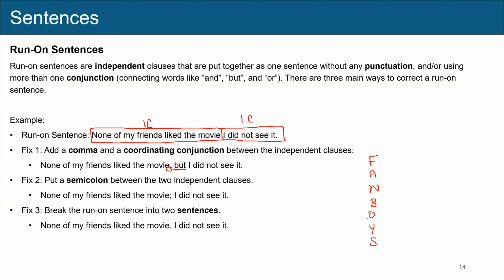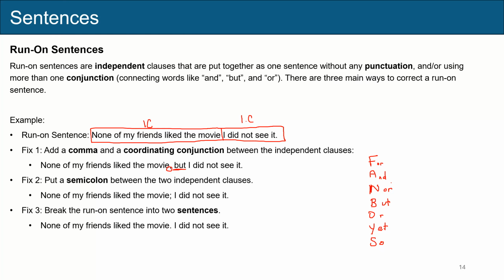So here's an acronym that I use to remember them. For, and, nor, but, or, yet, so. So these are the coordinating conjunctions.